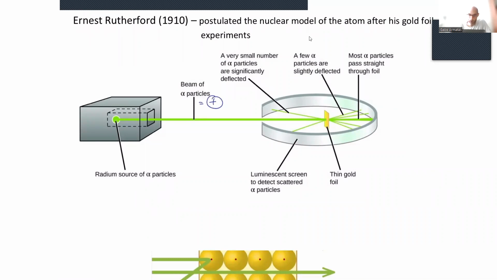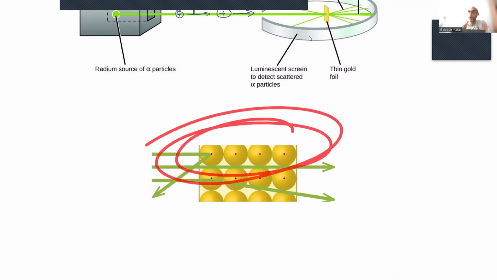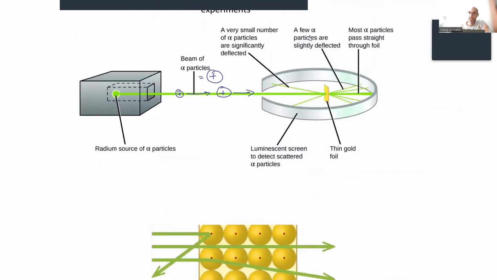So you have these positive little particles that are shooting forward, and he's going to put them through a piece of gold foil. The beautiful thing about gold foil is you can bang it down and make it really malleable, so you can make it super thin. In fact, you can make it so thin that it is literally like 4 atoms thick. That's how thick it is.